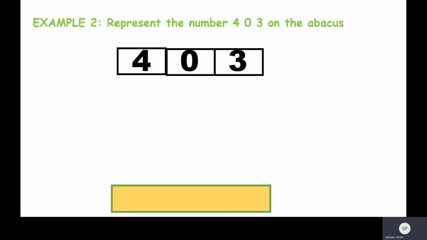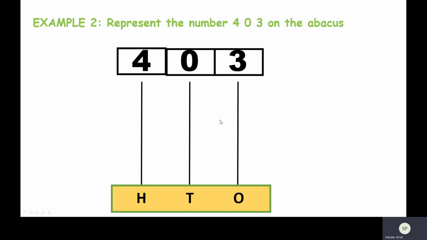Yes, you will use 3 spikes to represent the number 403: 1, 2, 3. Then what is the next rule? Absolutely correct. You have to write the place value of the number, and that is 3 at 1's place, 0 at 10's place, 4 at 100's place.